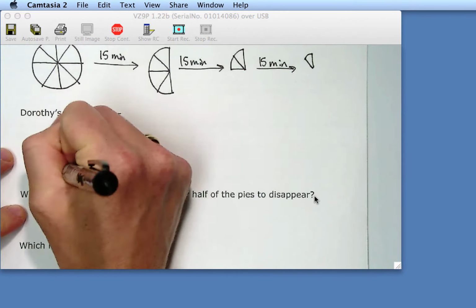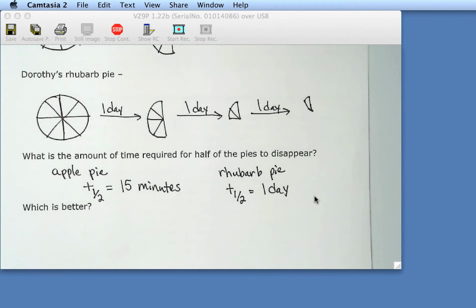For the rhubarb pie, what's the half-life? 1 day. Excellent. So which is the better pie? Apple.